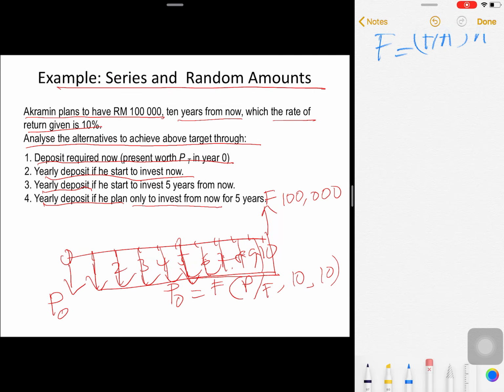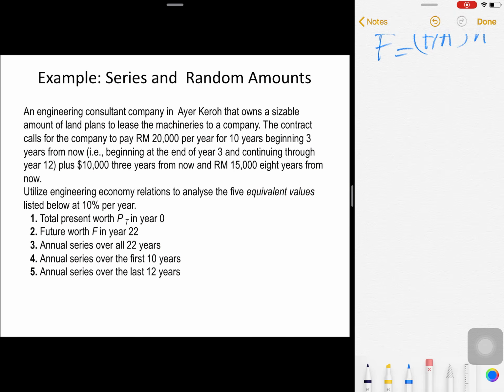And yearly deposit if he plans to invest from now to 5 years, so it's from now 1, 2, 3, 4, 5. These 5 periods. Question number 3, these periods. Question number 4, these periods. So you can easily count it using the examples I've given you previously.